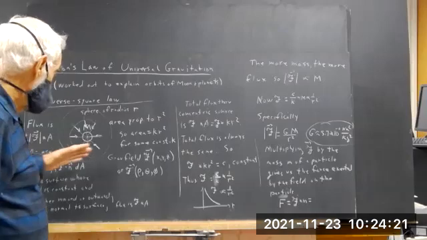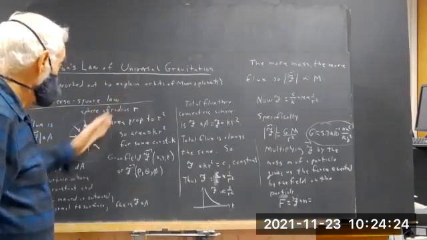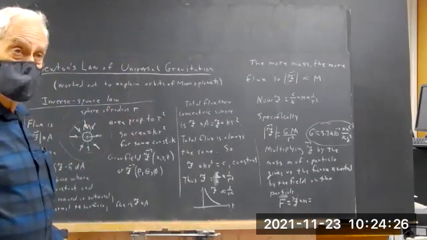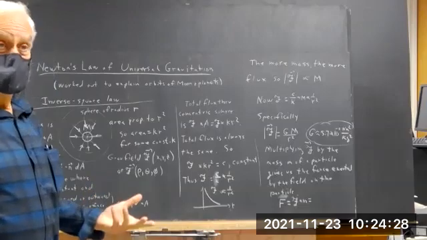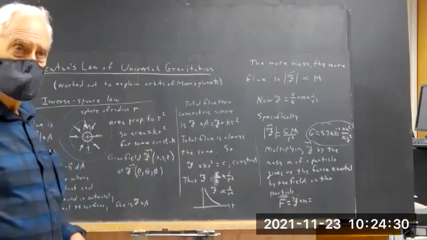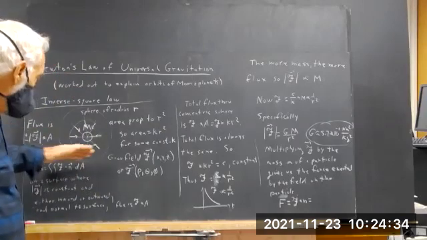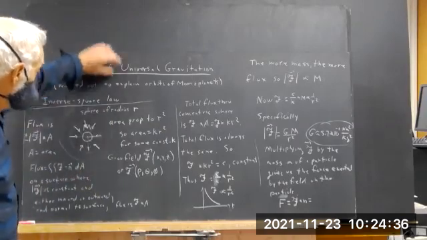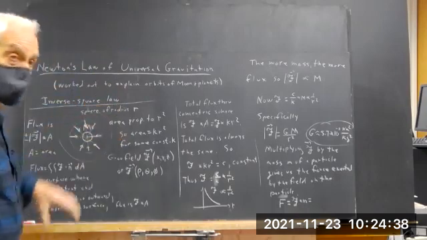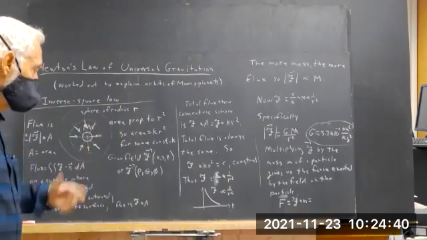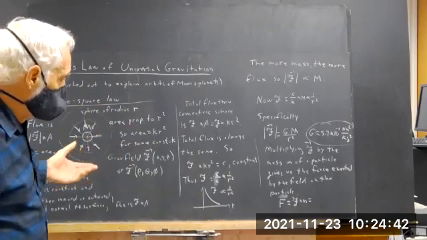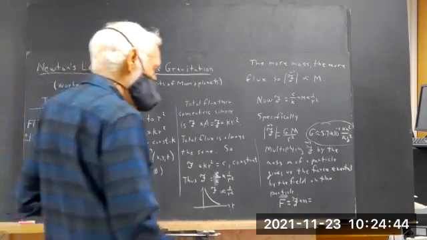Otherwise, it just gets deflected, goes off in some other direction. That's what a gravitational sling does. The Earth is moving through space. The asteroid comes by the Earth and picks up some of the Earth's velocity because of the interaction with this field.